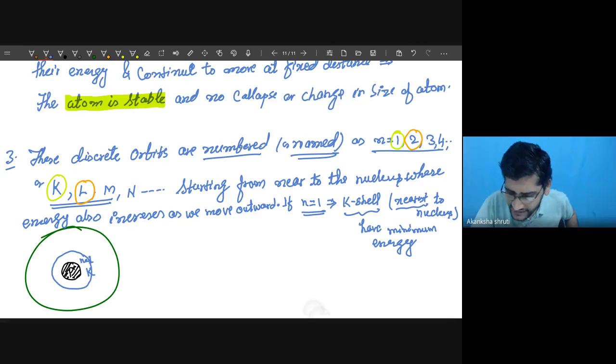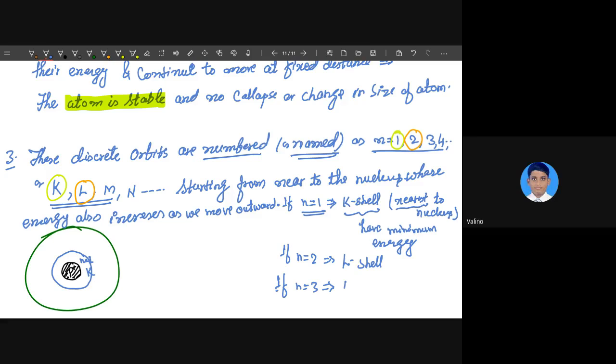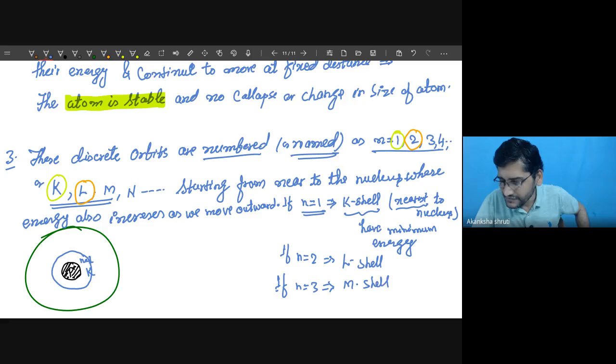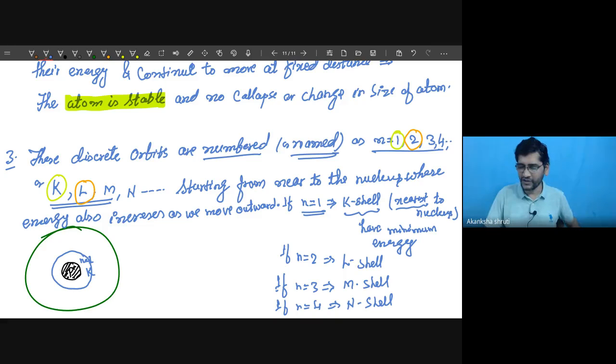So we shall write, if we are taking n equals 2, which shell will it represent? L shell. Good. If n equals 3, what will be the name? M shell. Very good. If n equals 4, it is called the N shell. This much is enough for you.